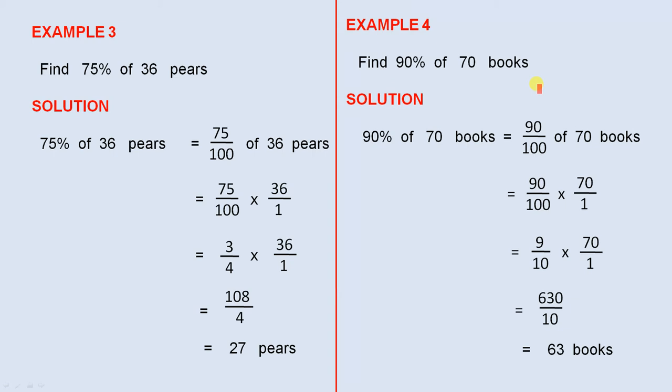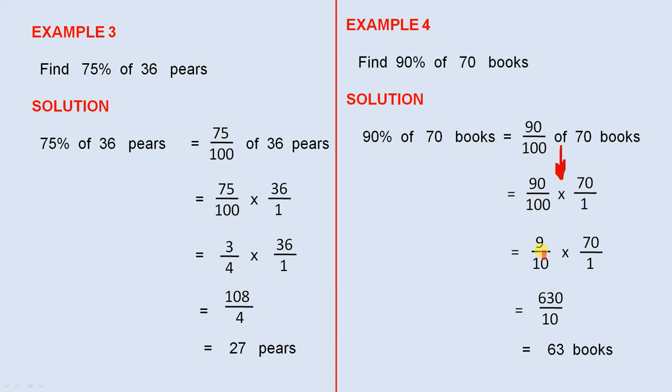Example 4, find 90% of 70 books. Solution, 90% of 70 books is 90 over 100 of 70 books, which is 90 over 100 times 70 over 1, because of means multiplication. To simplify 90 over 100, you divide top and bottom by 10.